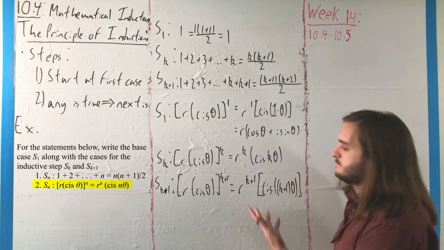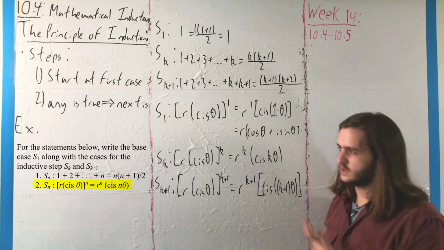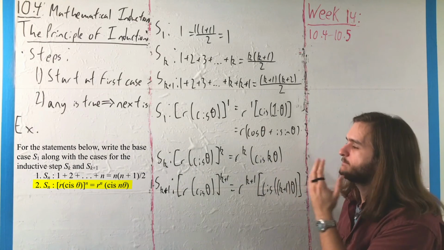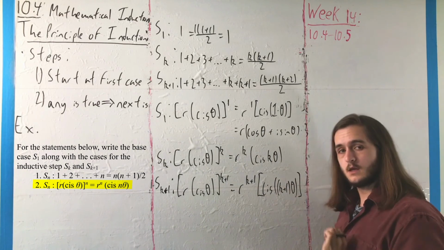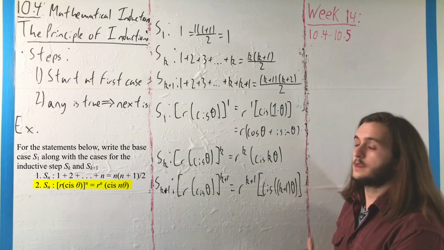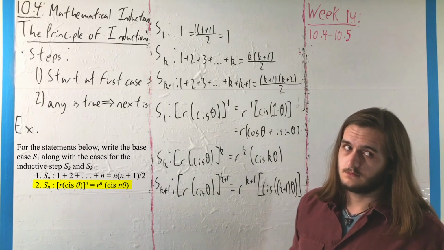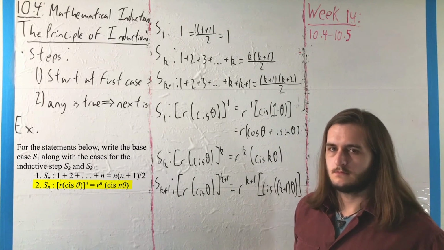But again, it's just plugging in those values. So this is the setup. These are the types of pieces we're looking at when we're going to make an inductive argument. And the next thing we're going to see is, well, how we can do that. That comes next.